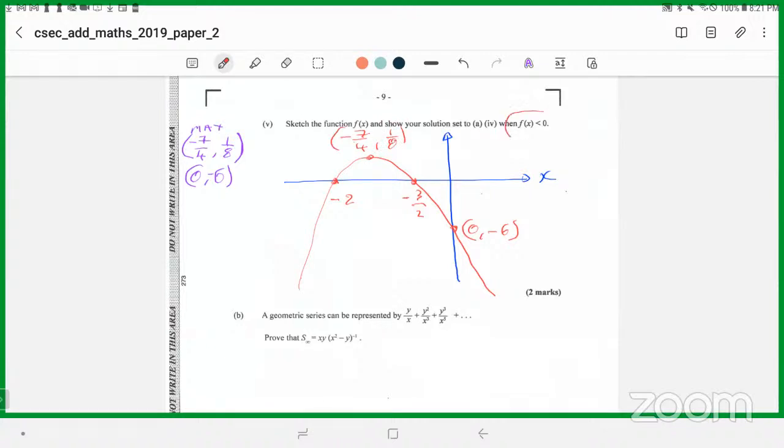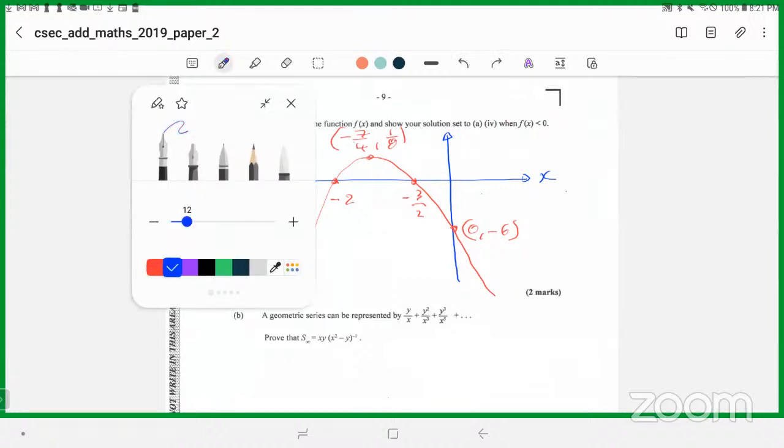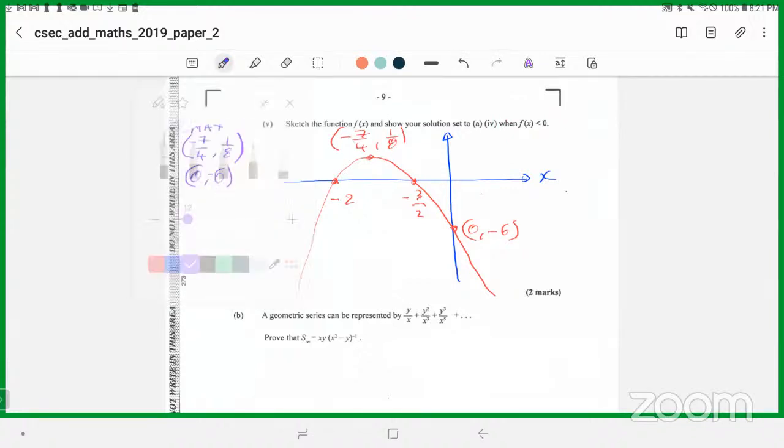All right. Then this inequality, we want a solution set for it, right? Let's show it in purple what it's talking about. It's talking about where the function is below the x-axis. So it's this part of the graph and this part of the graph. In those parts, the y values are less than 0.